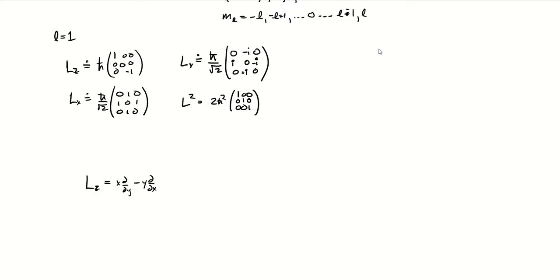That was our z component. And we also know that in our spherical coordinate system, we have all those relations. x is equal to r sine theta cosine phi. y is equal to r sine theta sine phi. z is equal to r cosine theta.